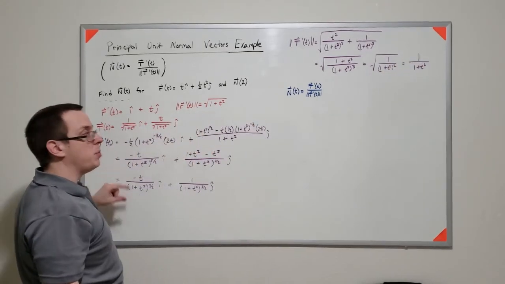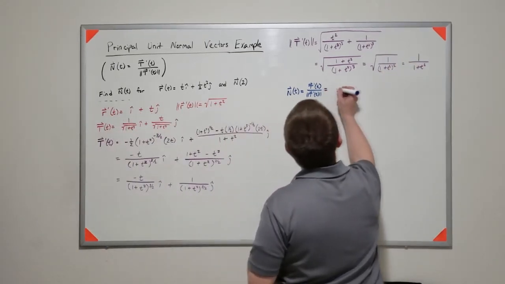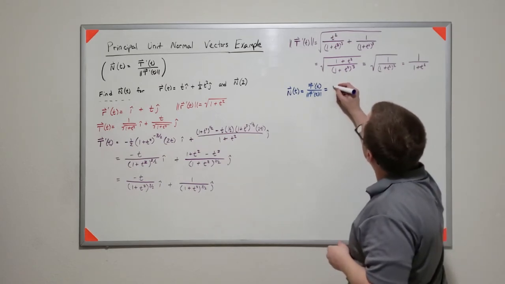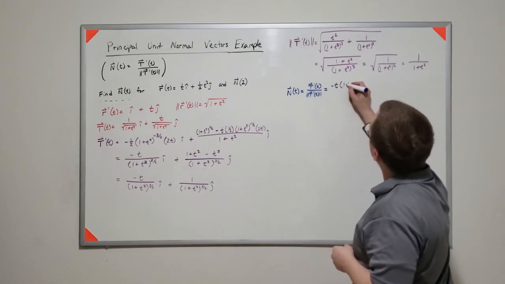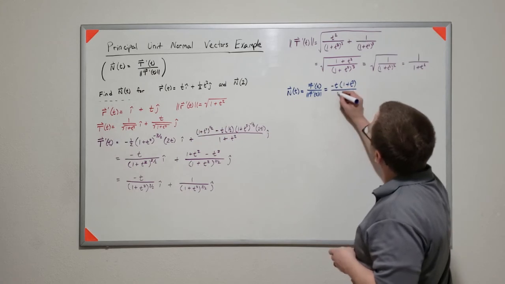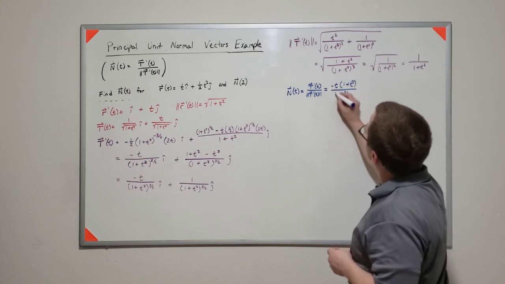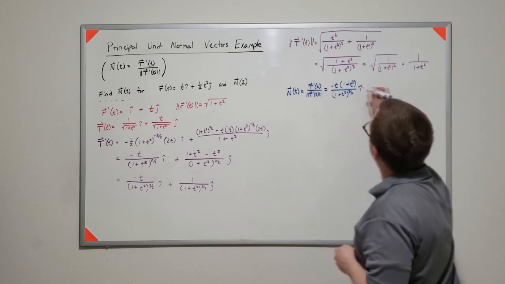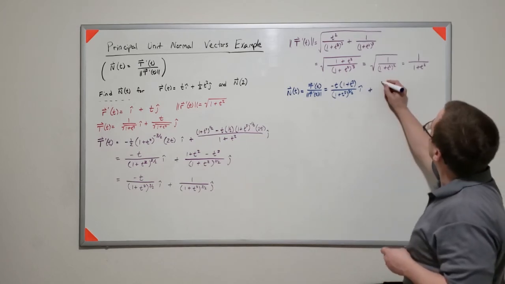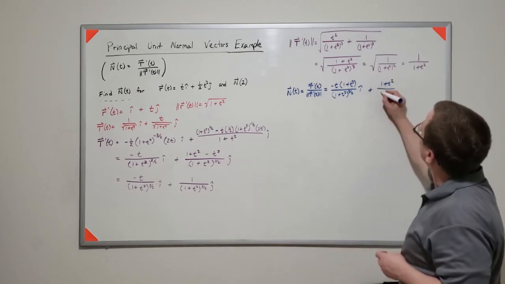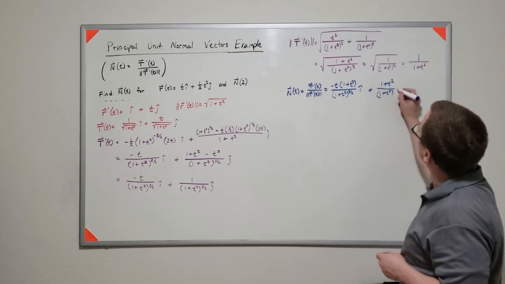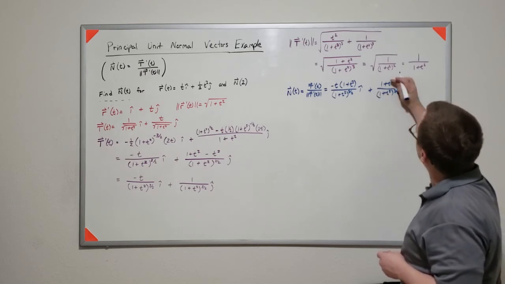So I can take this piece, I can say negative t (1 plus t squared) over (1 plus t squared) to the 3/2 i plus (1 plus t squared) over (1 plus t squared) to the 3/2 j.